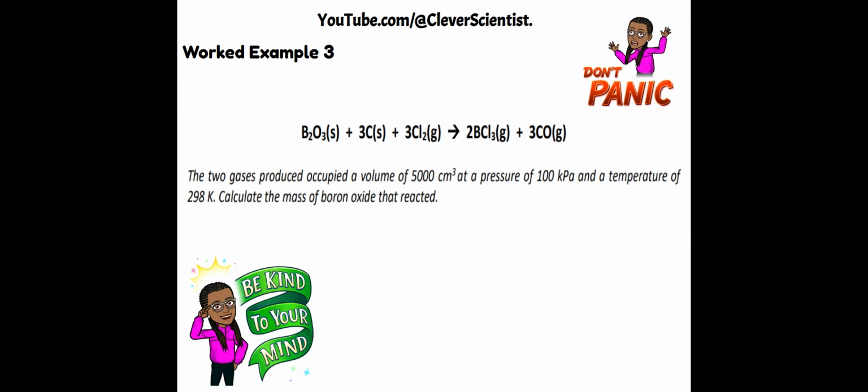So let's have a look at another worked example. So we've got the balanced symbol equation here, and you can see that the products in this reaction are both gases.